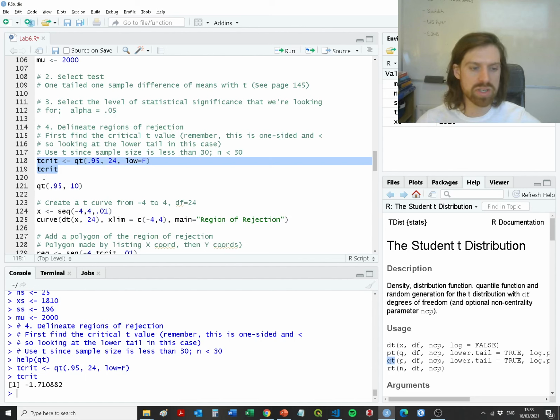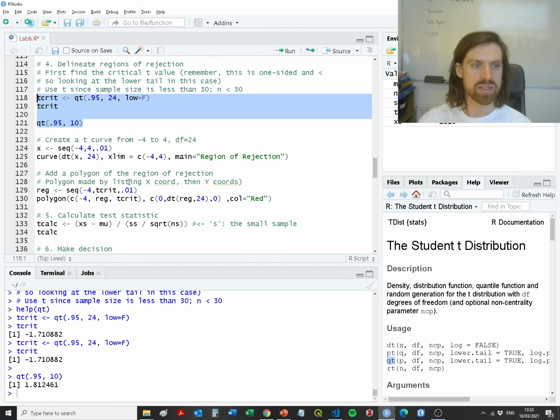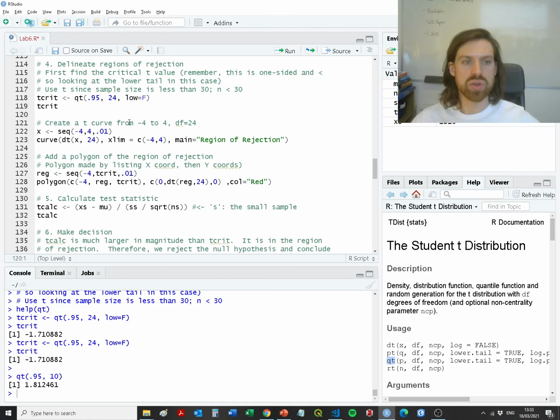I want to get our t-critical value, which is minus 1.71. Okay, and then we can move on to start thinking about delineating our regions of rejection.